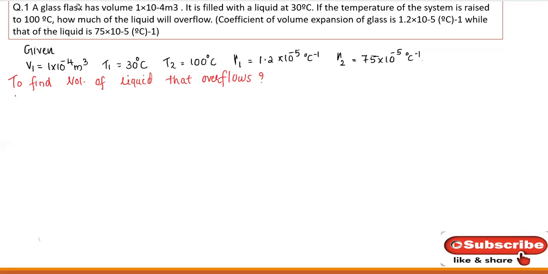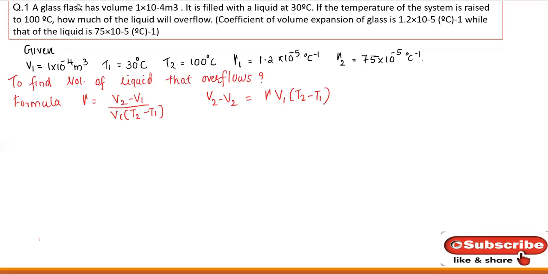We know that the formula for the coefficient of volume expansion is gamma equals (V2 minus V1) upon V1 into (T2 minus T1). From this we can find the increase in volume, that is V2 minus V1 equals gamma V1 (T2 minus T1).